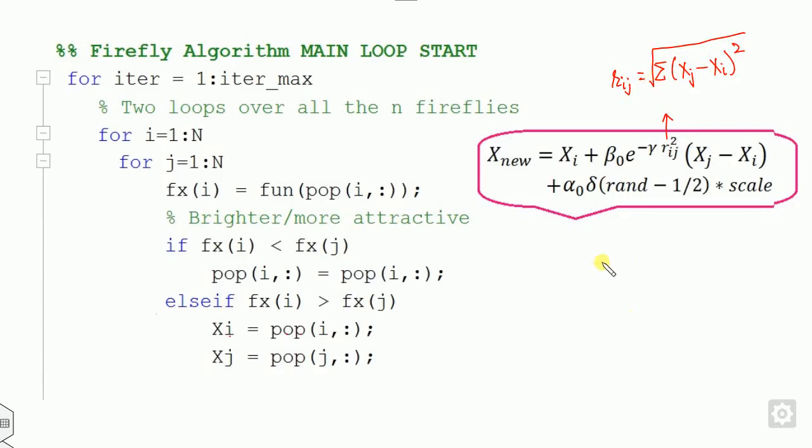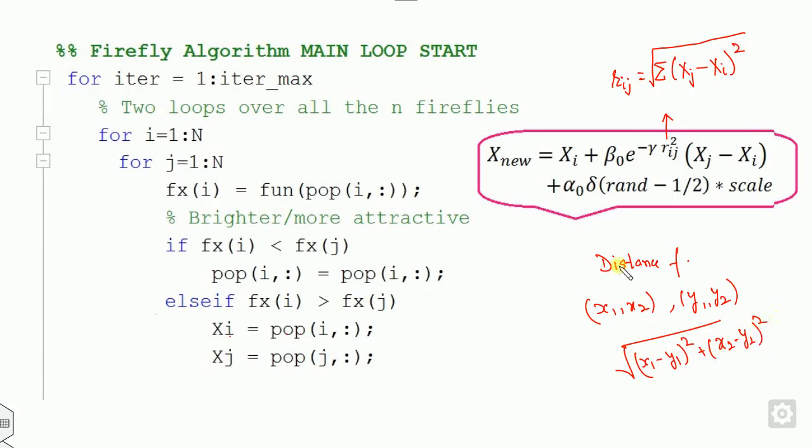Look at that. If you have two points, then you have to use the distance formula. So what is the distance formula between the two points x1, x2, y1, y2? This is x1 minus y1 square plus x2 minus y2 square. So that is called the Euclidean distance. So how do you write that? Look at that.